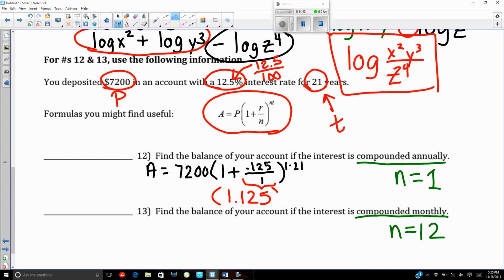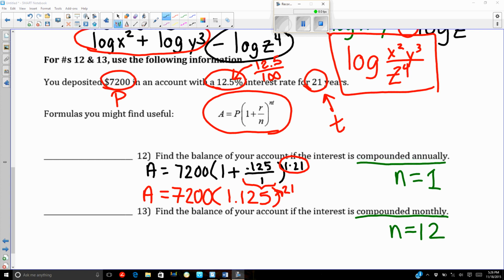Separately, I'm going to multiply these two numbers. Again, this one's easy because it's just 1 times 21. The next one won't be as easy. And you got to remember your order of operations. Please excuse my dear Aunt Sally. PEMDAS. So you need to raise 1.125 to the 21st power first, and then multiply by 7,200.